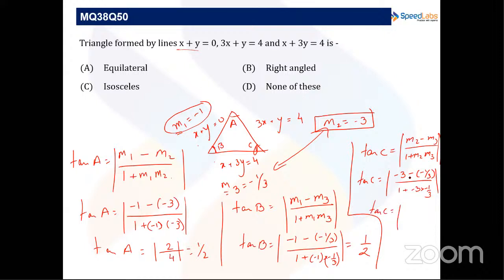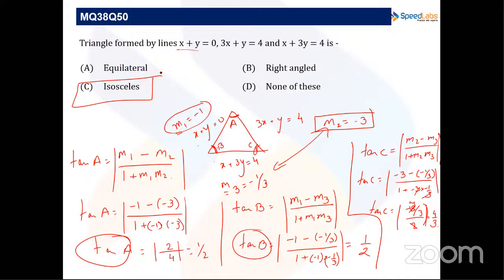So tan C will be minus 9 plus 1, that is minus 8 by 3, and this will be cancelled out, divided by 2. So we will be getting tan C equals 4 by 3. See, here tan A and tan B are the same. So these two angles are equal. So it is an isosceles triangle.